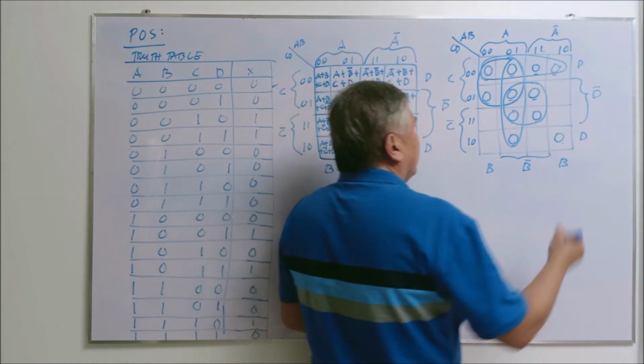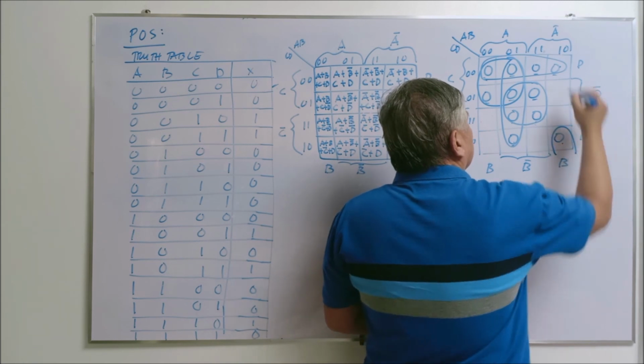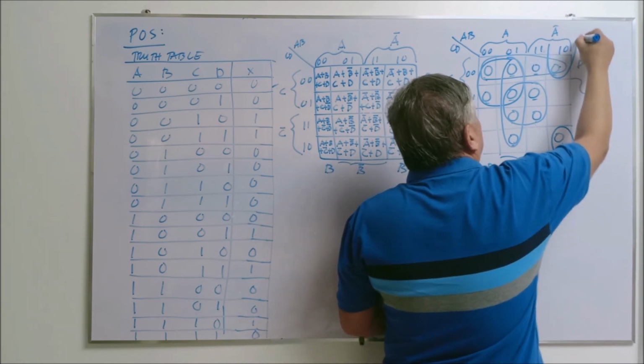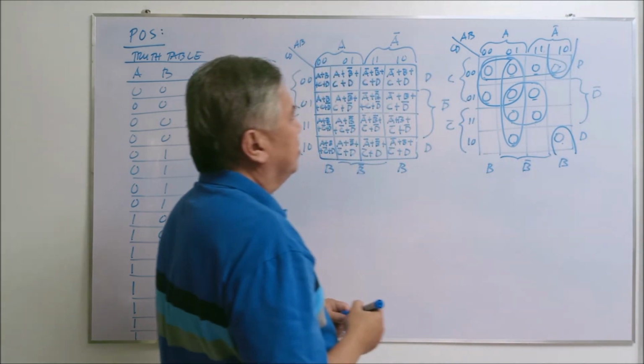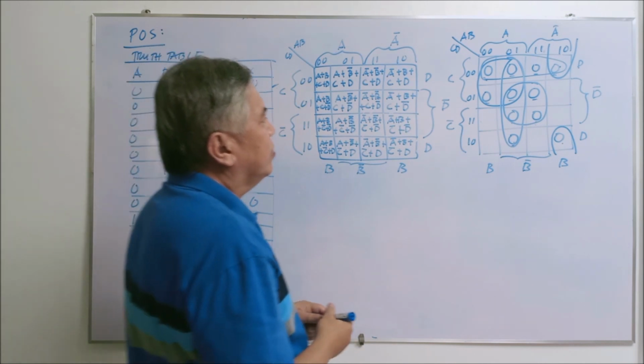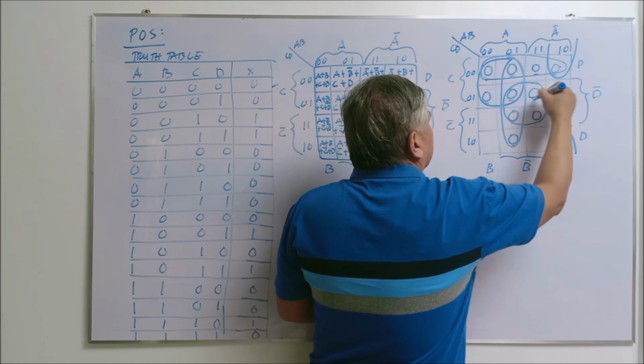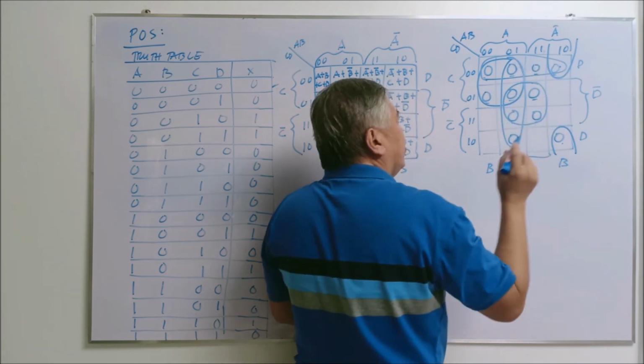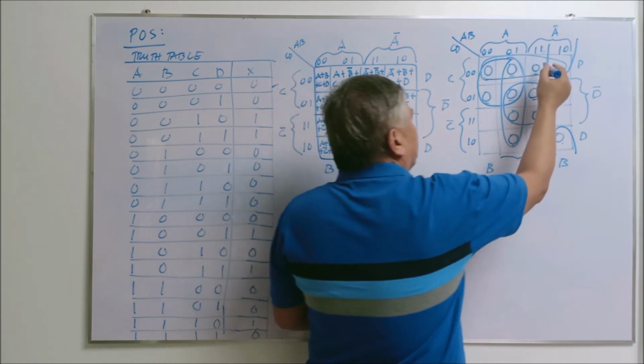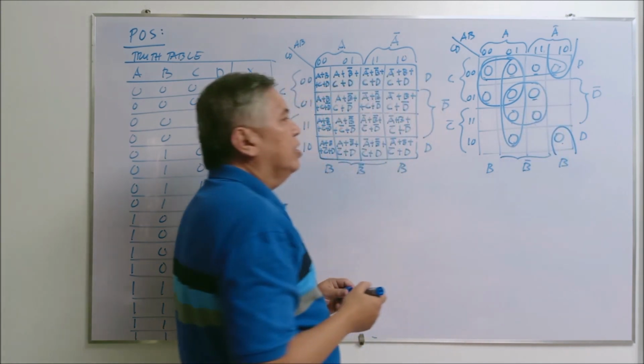Okay? So, this cell here is adjacent to this particular cell. If you notice also that these ones here are also adjacent, no need to group them because all of these cells here are already grouped.